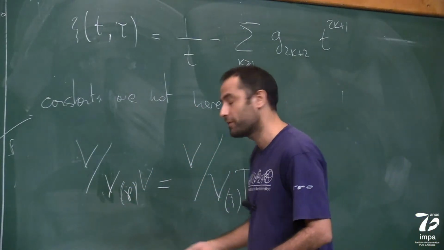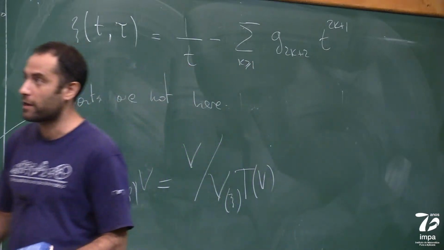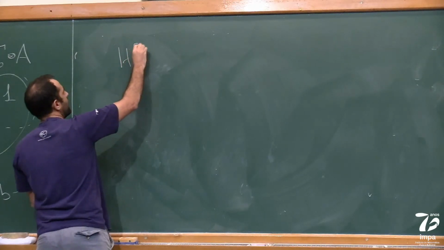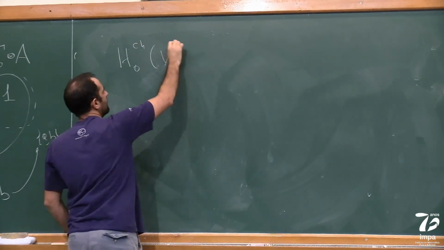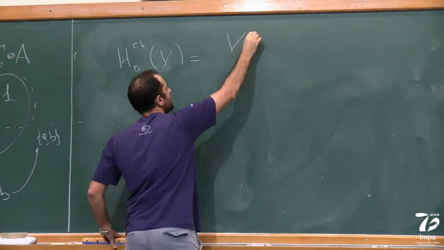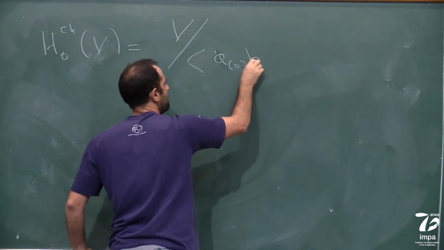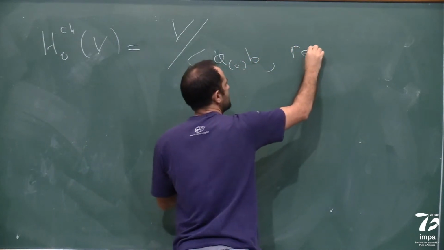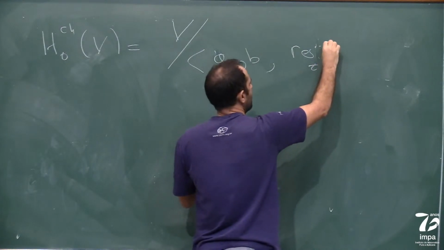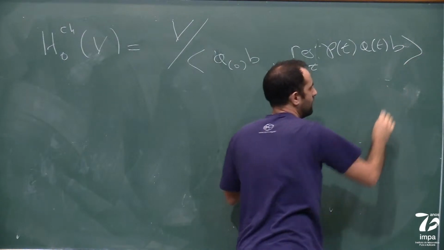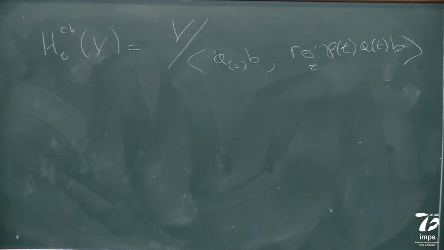We already know that for chiral homology, the honest chiral homology in degree 0, we have an explicit description. Remember that chiral homology in degree 0, H chiral degree 0 of V, was the quotient of V divided by the 0th product of V, but then the other one is the residue at t of the Weierstrass p function, a of t b, which is this.